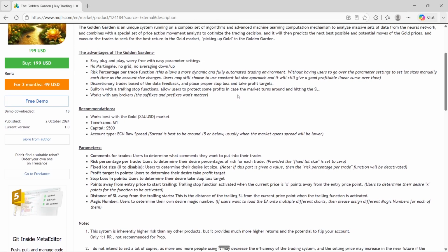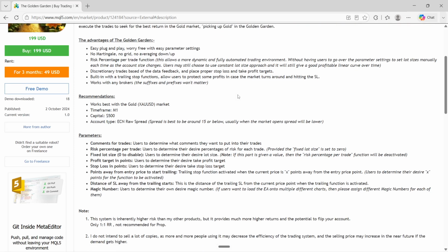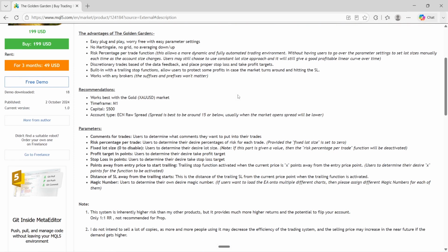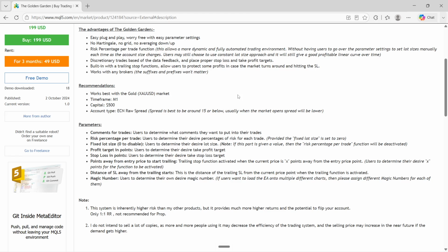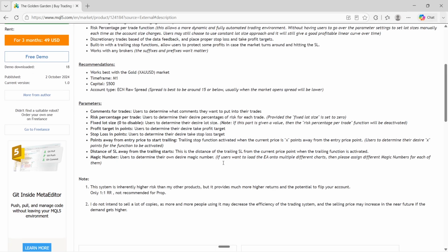The absence of martingale or grid is a clear positive for risk transparency. Every trade has a defined stop. The risk percentage option is convenient for dynamic position sizing. However, the developer themselves acknowledge higher risks and a 1:1 risk to reward structure, which means the system needs a solid win rate to remain profitable after costs.